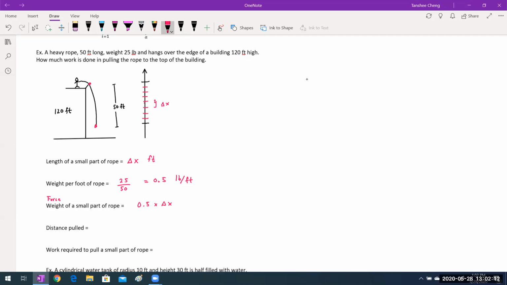If I multiply the weight per foot of the rope, in pounds per foot, times delta x, which is in feet, then foot and foot cancel out, and we're left with the unit of pounds, which is the unit for force.